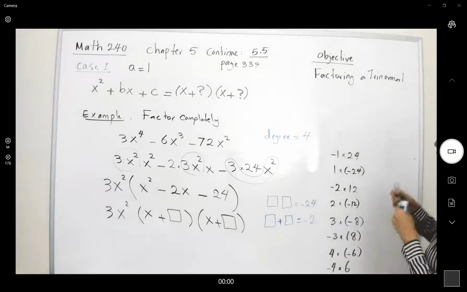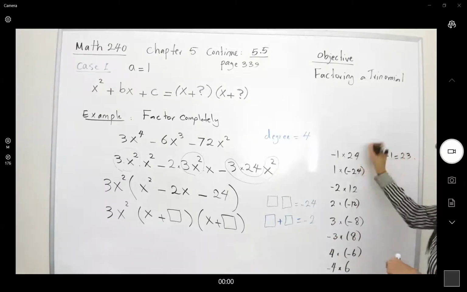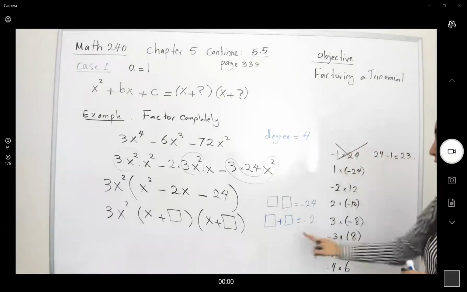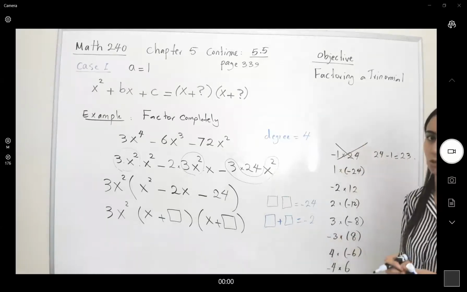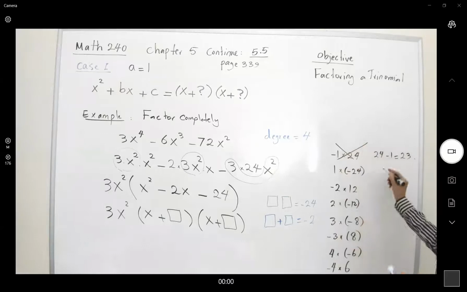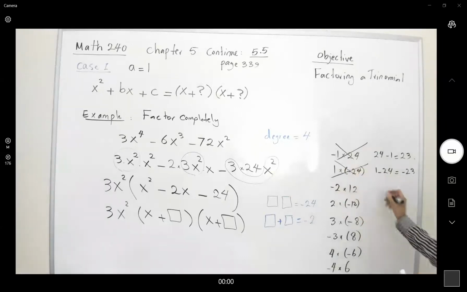So let us try to see which one gives me the sum equal to -2. So 24 minus 1 is 23. It's not a good option for me. I'm looking for two numbers whose sum is -2. So 1 minus 24 gives me -23. Nope, not a good option. -2 plus 12 is 10.